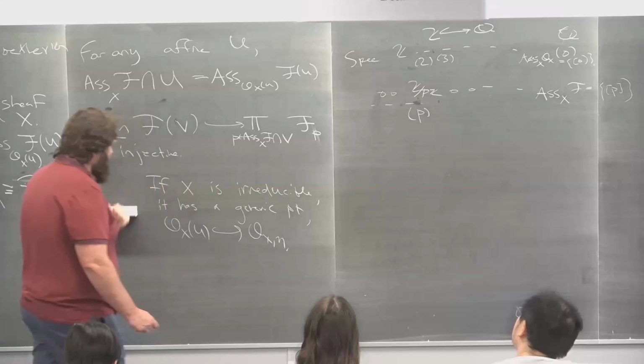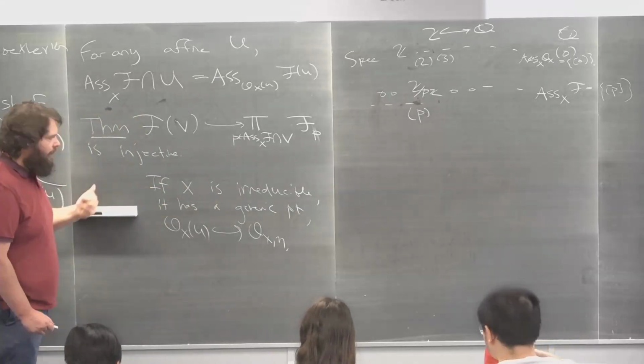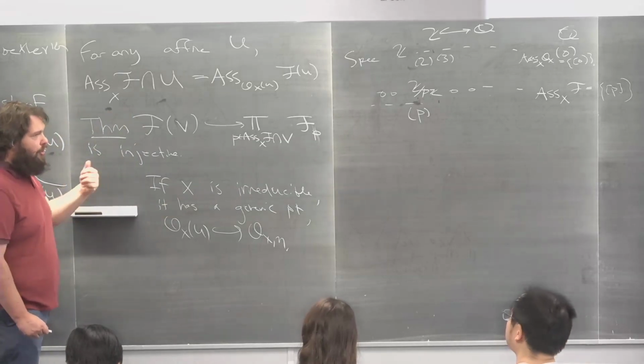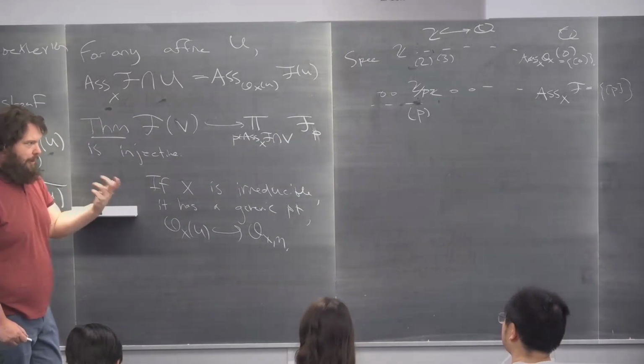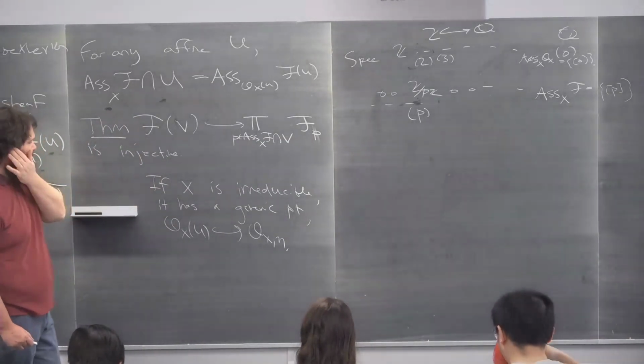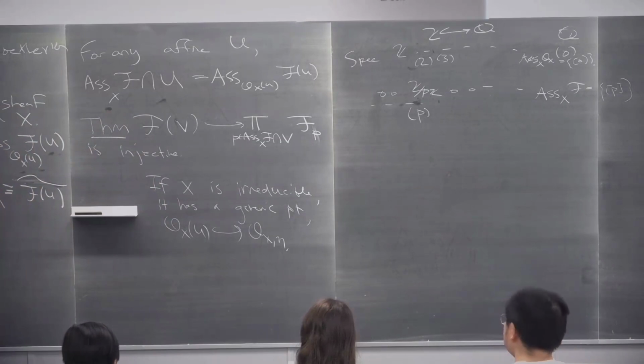So this is sort of a generalization of the idea that if you have an abelian group, tensoring with Q remembers the torsion-free part. It's exactly the part that corresponds to the associated prime 0. And then if you localize at the primes that appear as torsion, then you will also remember the torsion part.